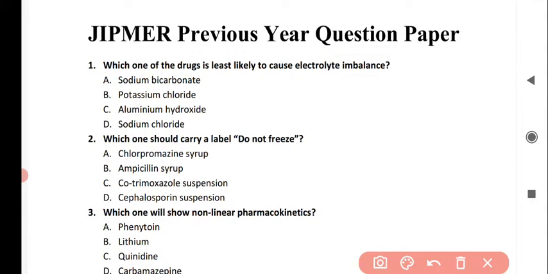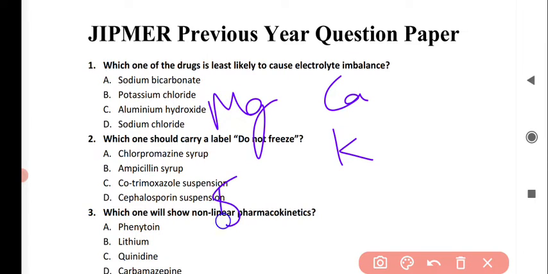There are different electrolytes, like calcium, potassium, magnesium, sodium and chloride, which are responsible for performing several different functions. So I'll discuss the different functions of these electrolytes.